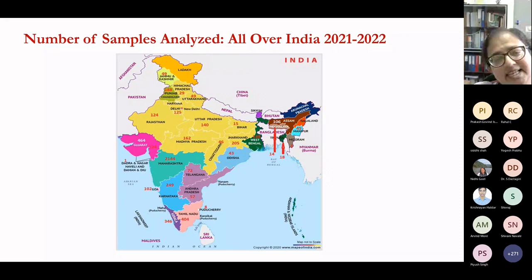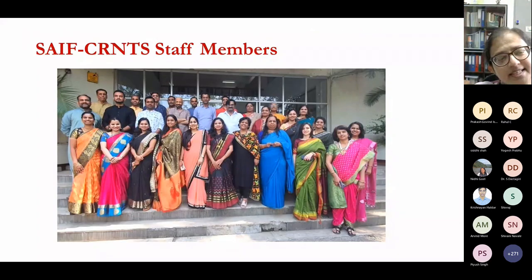As you can see, our samples are mostly received from Maharashtra, but also from other states, where the numbers are lower, but still we get a lot of samples from other states also. And these are the SAIF CRNTS staff members who analyze the samples and take care of the facilities to keep them in good working condition.